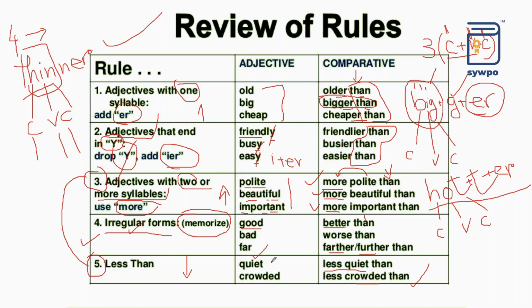Quiet, you have actually 1 sound or 2 sounds here, and then you have crowded. All right, so what you do is you add less, or you can add even more here. More is also correct. If I say more quiet than or more crowded than, both of them will be correct, because I'm talking about 2 things or 2 objects. Because they have more than 2 sounds, I'm adding more or less.